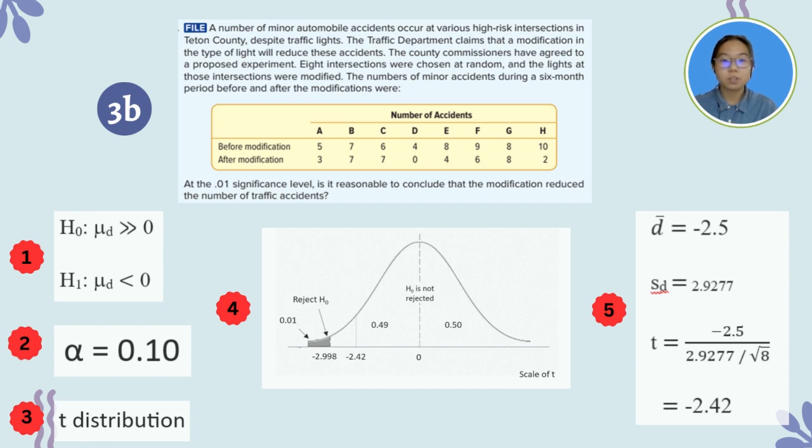The mean for the difference between after modification and before modification is negative 2.5, while the standard deviation is 2.9277. At last, we found that the t is negative 2.42. Since negative 2.42 falls outside the rejection region, H0 is not rejected. We can conclude that the modification does not reduce the number of traffic accidents.